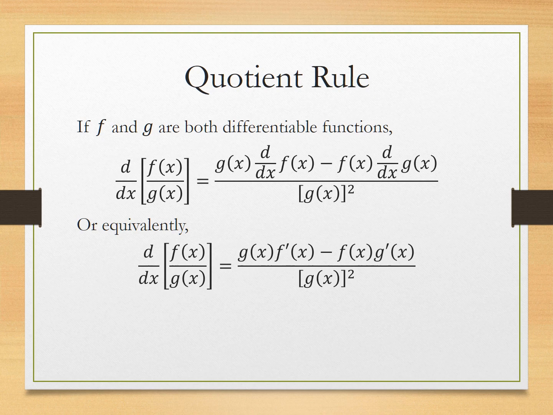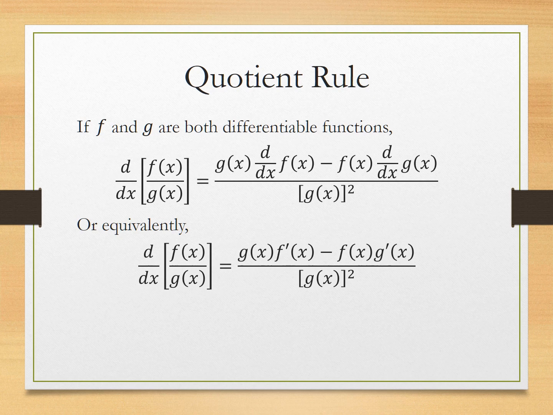If you have two functions, f(x) and g(x), and they are both differentiable, then you can find the slope of f(x) divided by g(x) with this function: g(x) multiplied by the derivative of f(x) minus f(x) multiplied by the derivative of g(x), divided by g(x) squared. Or equivalently, you can write g(x) f prime x minus f(x) g prime x divided by g(x) squared.